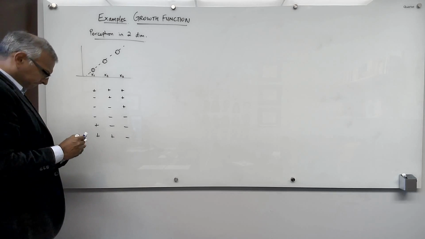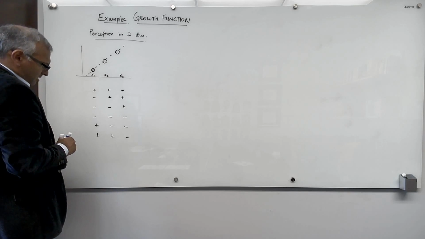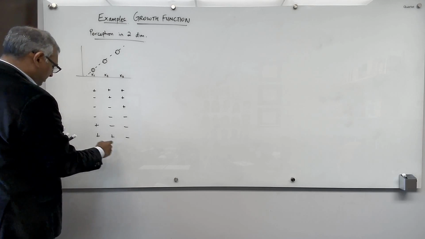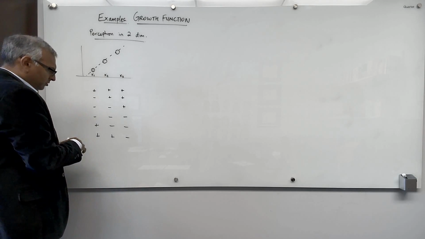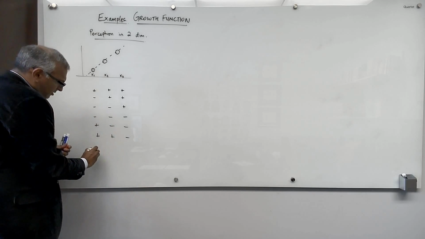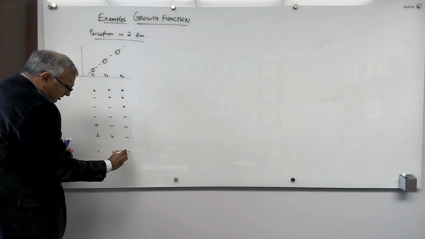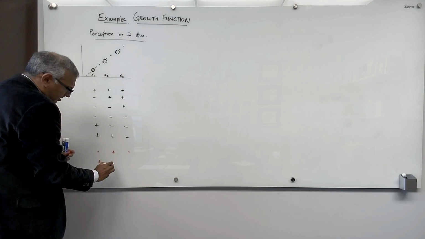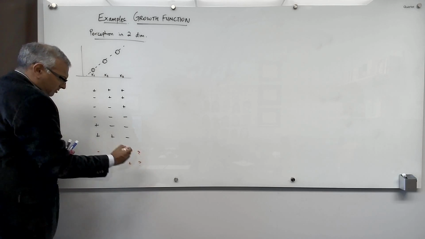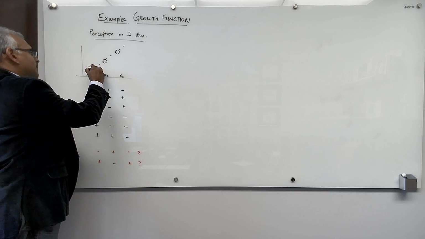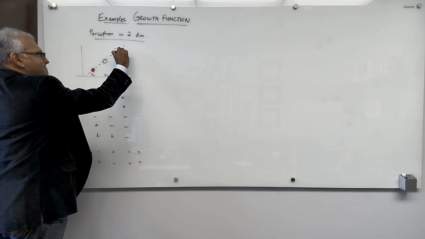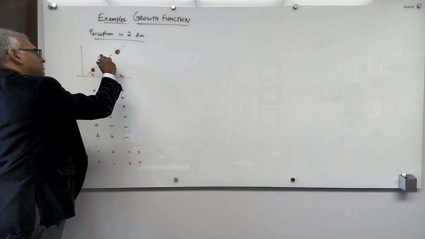What am I missing? What I'm missing are minus, plus, minus, and plus, minus, plus. So what about these guys? Let me show you what that looks like. Minus, plus, minus.